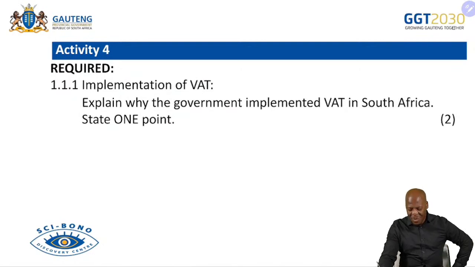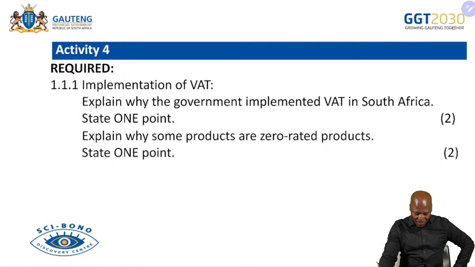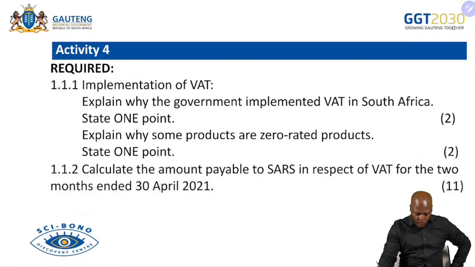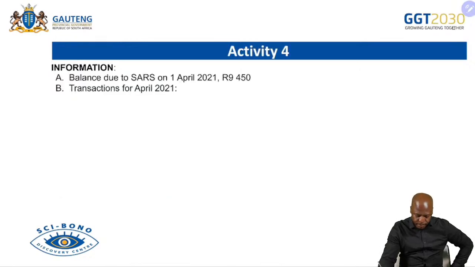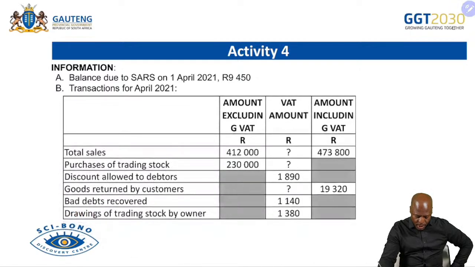Here, I think we have several points. Explain why some products are zero-rated products. State 1 point. Why are some products zero-rated products? And then we have to calculate the amount payable in respect of VAT for the 2 months ended 30 April 2021. And here is the information.